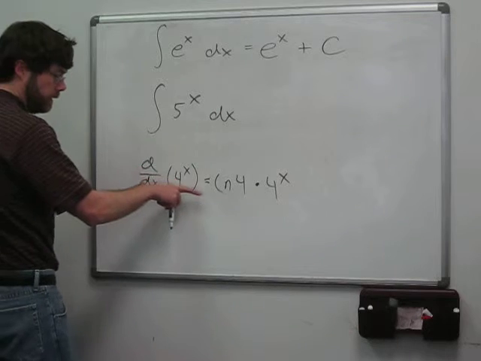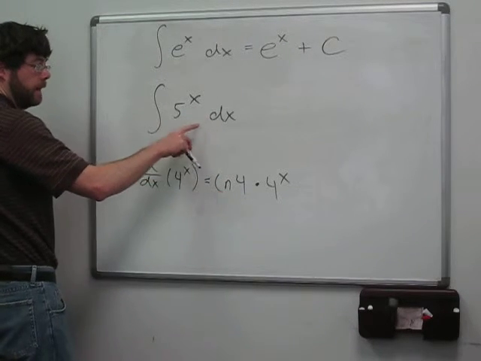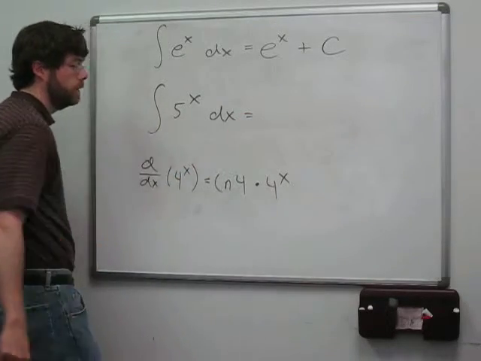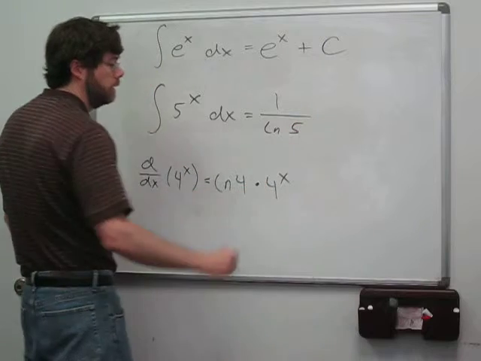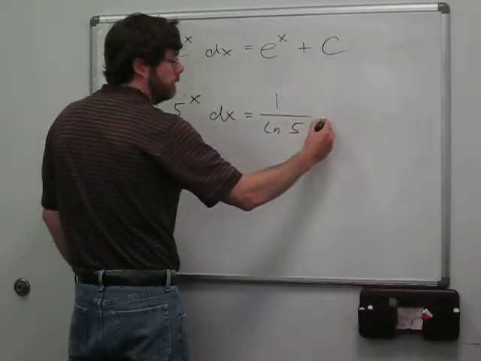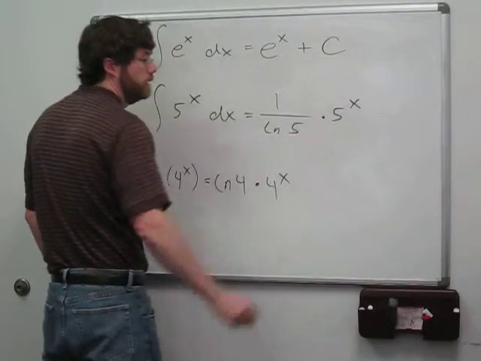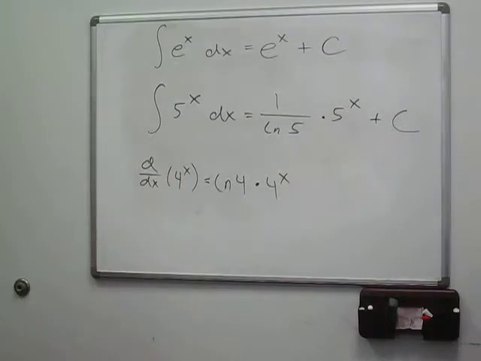So in finding these derivatives, we multiply by the natural log of the base. So to find the antiderivatives, we're going to divide by the natural log of the base. So the antiderivative here is 1 over the natural log of 5 times the exponential itself plus c. Okay.